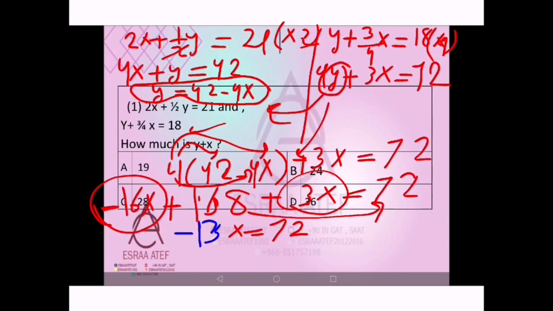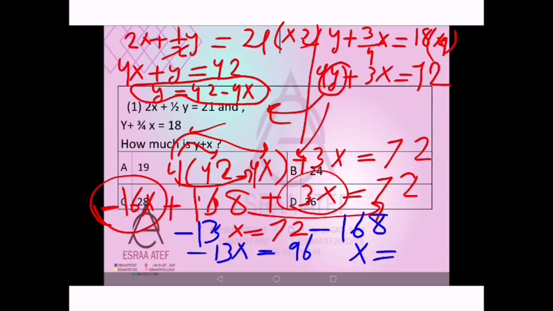So to get x, we will complete the other side, which is 72 minus 168. So we will divide by 13, right? Because here we have negative 13x and here we have 96. So we will divide by 13.